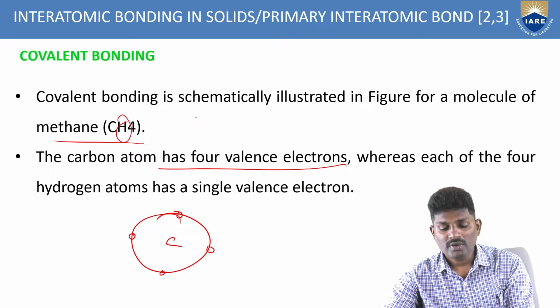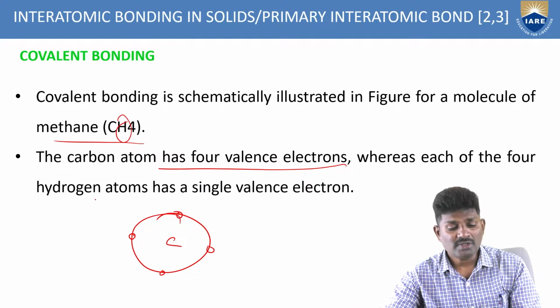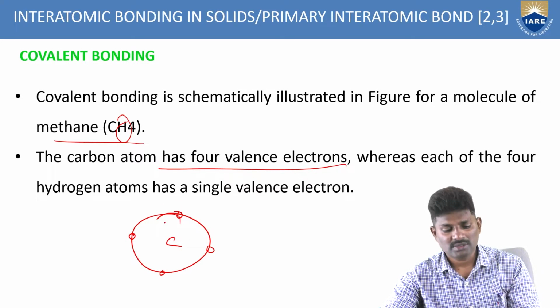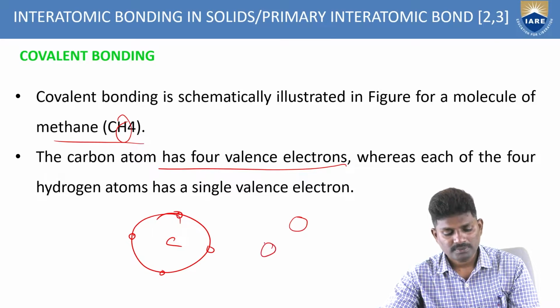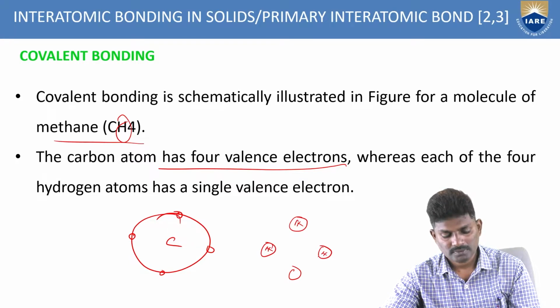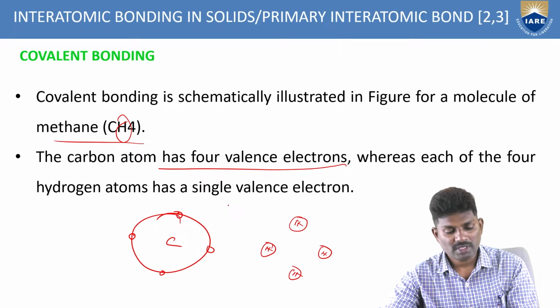Whereas each hydrogen atom has a single valence electron. Totally you have 4 hydrogen atoms, because we are taking methane as an example here. So 1 is the carbon and 4 is the hydrogen.